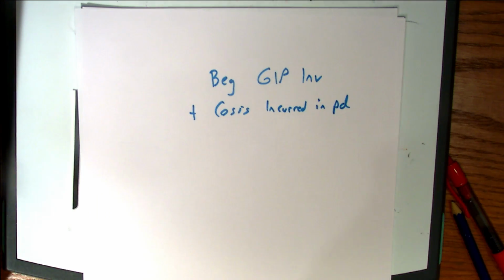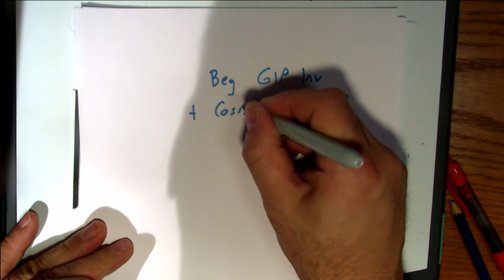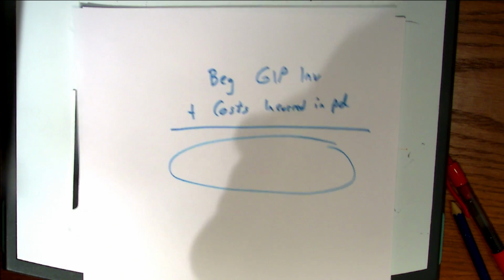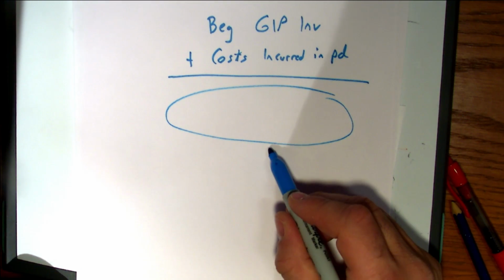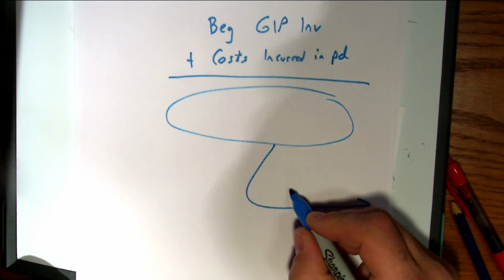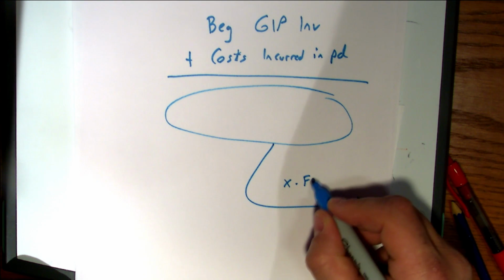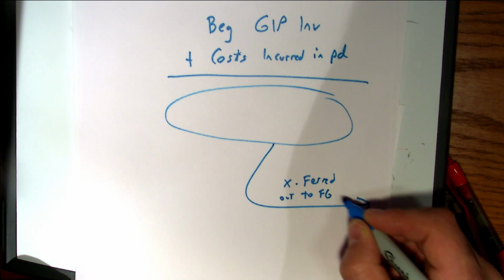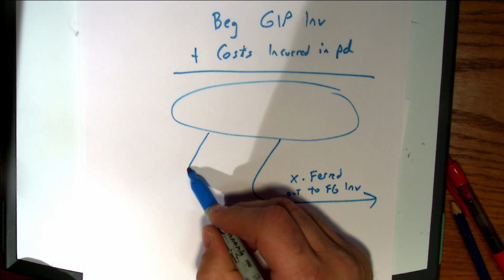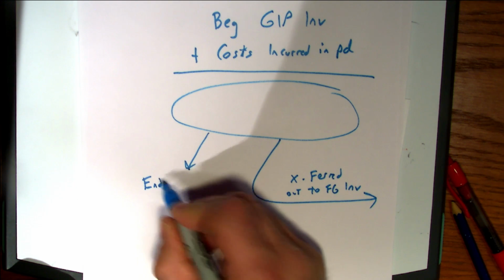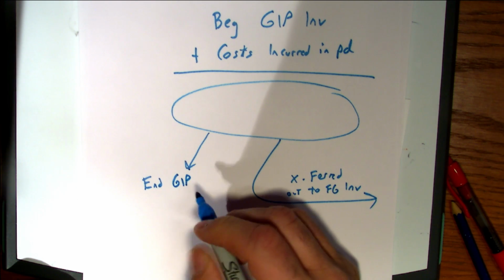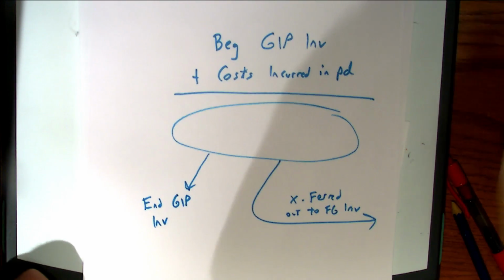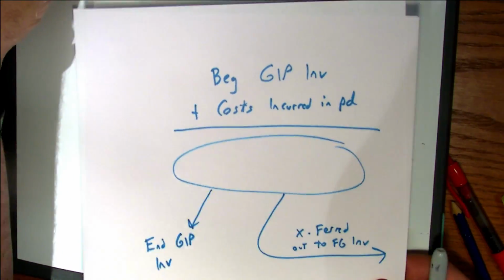I called that COGM last time. Costs incurred in period is probably a better term. That's going to equal some number, and part of that number is going to get transferred out to finished goods inventory. And the remainder of it will be ending goods in process inventory.